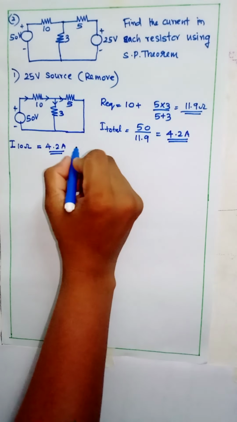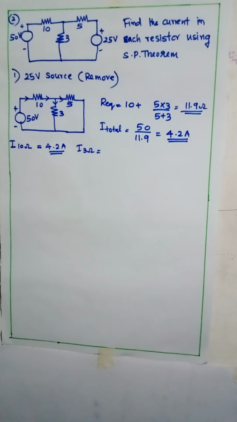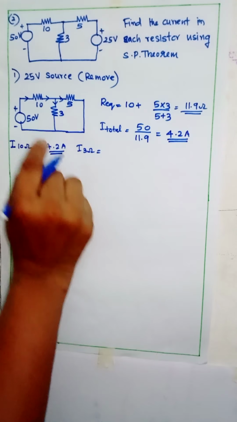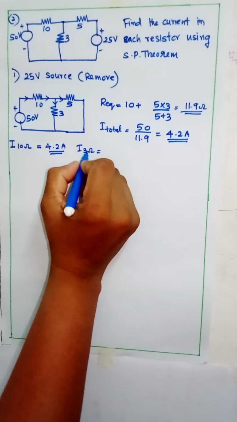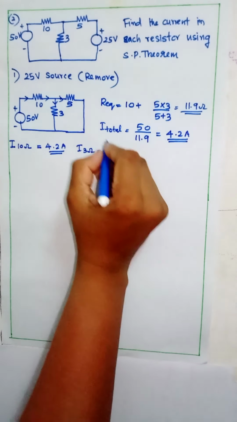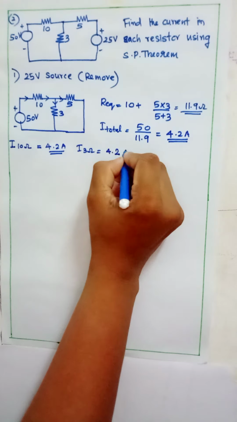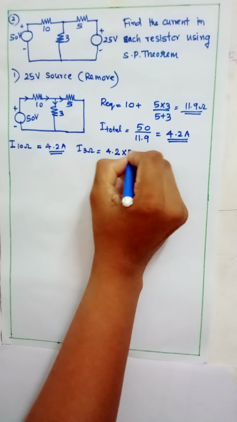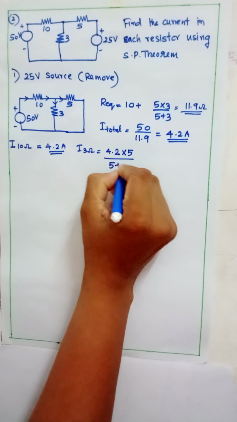And current flowing through 3 ohm resistor, here we have to apply current divider rule, that means total current into resistance of the next branch divided by total resistance. That means current flowing through 3 ohm resistor is equal to total current into resistance of the next branch divided by total resistance.